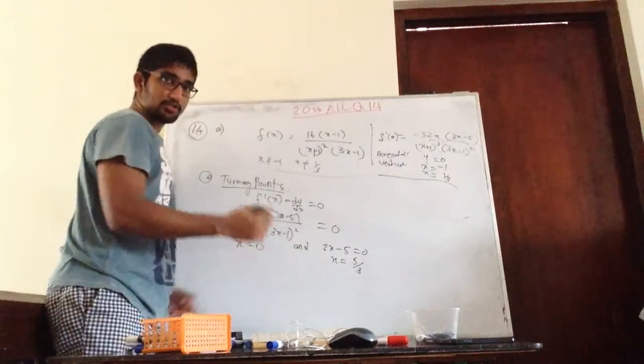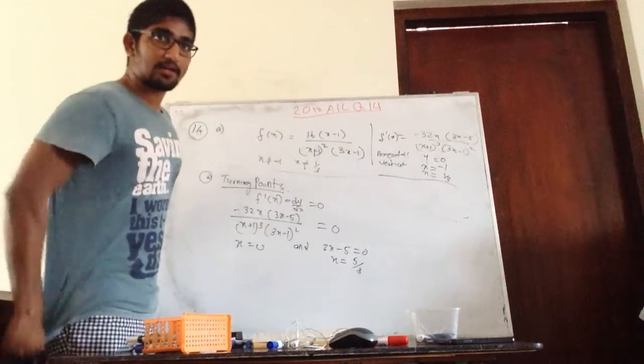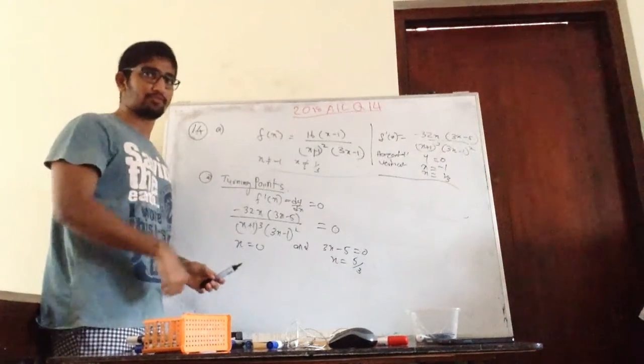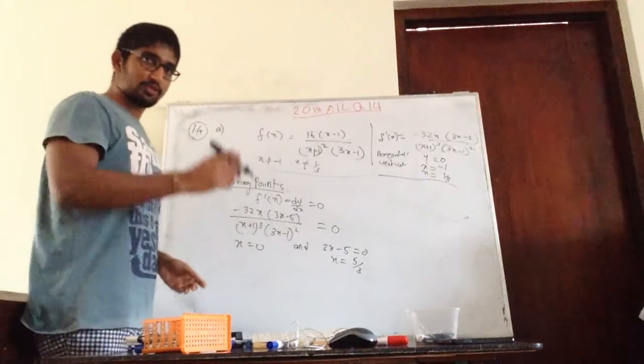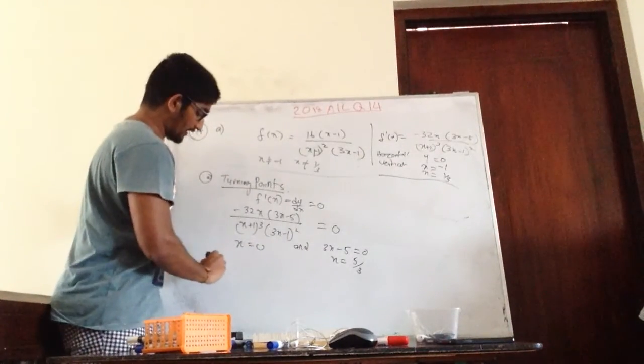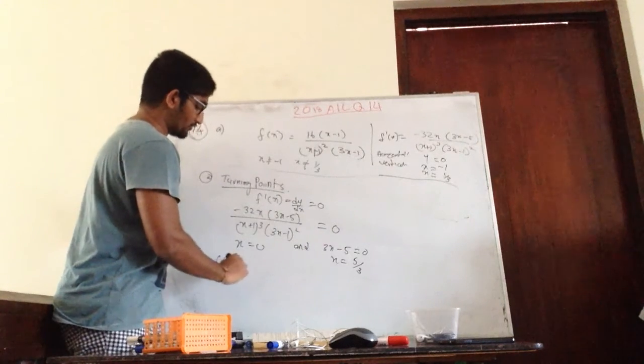Right. So we know the corresponding x values for the turning points. Now we need to find the y value of it, the f x value of it. So now we need to get f0.